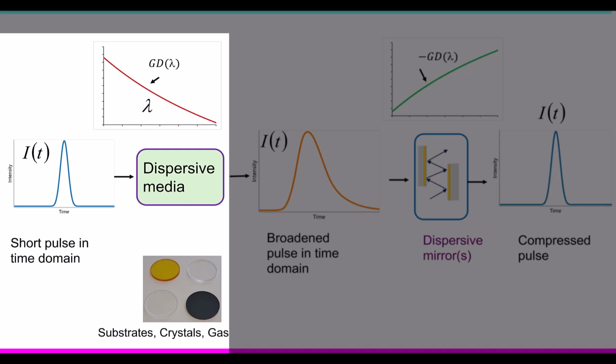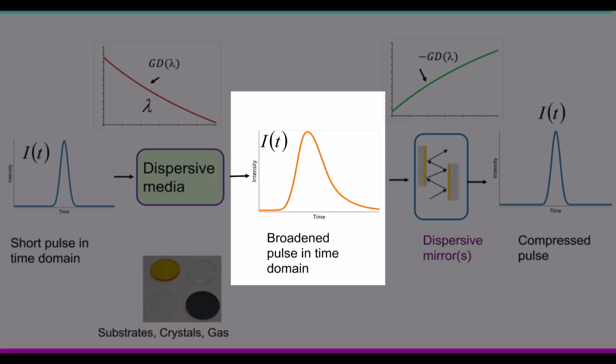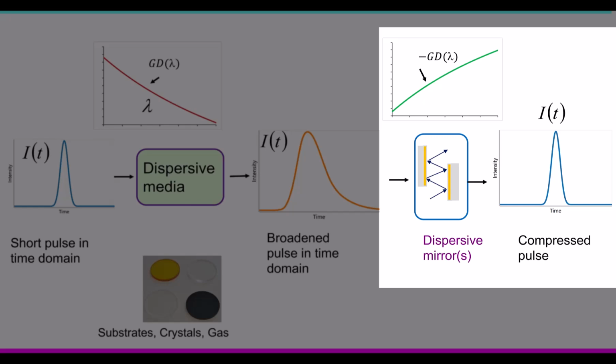These materials introduce large dispersion. As a result, different spectral components of the pulse have different delays. The pulse broadens and its temporal shape may change. By introducing a dispersive mirror with an inverse group delay shape, we can compensate for the accumulated dispersion and compress the pulse to its original duration.